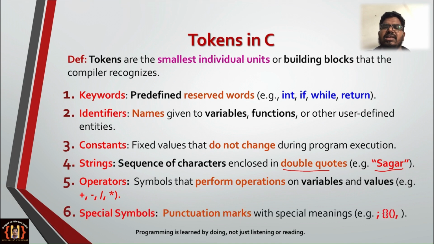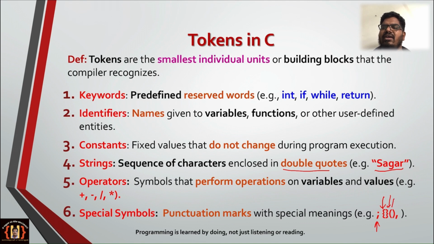And next is special symbols. These are usually punctuation marks with a special meaning. For example, the semicolon is the termination of a statement in a C program. Every statement in a C program should terminate with a semicolon unless otherwise mentioned. We also have the opening curly brace, which indicates the opening of a block or function, and the closing curly brace, which indicates its closing.